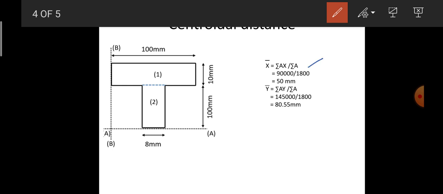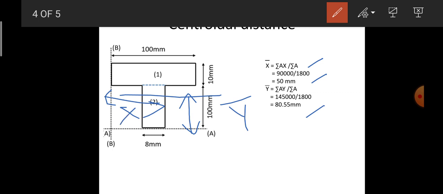Sigma AX we calculated in the previous slide, and sigma A we have also determined, so that value will be equal to 50 mm. Similarly, y bar is equal to sigma AY by sigma A, that is equal to 80.55 mm. If I project that from the reference axis, it is somewhere here as y bar, and this is equal to x bar.